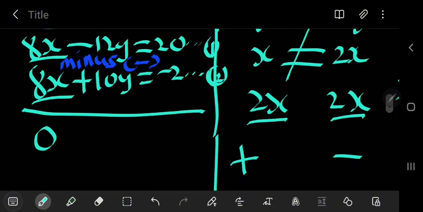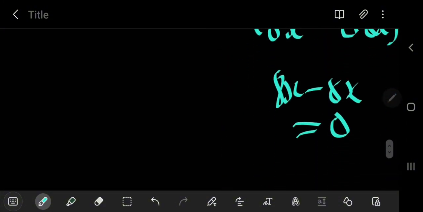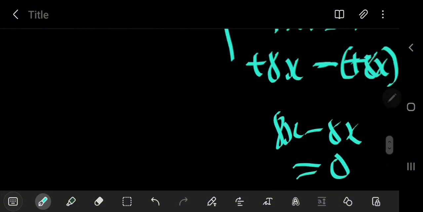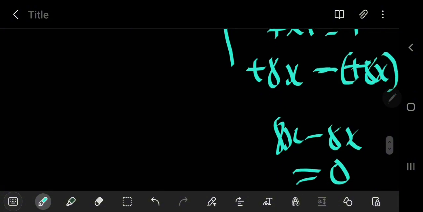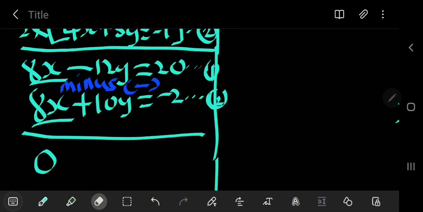This is simpler. The next one you have is minus 12y and what? 10y. Don't forget the sign in between them is what? Minus. So you come here. Minus 12y. Wait, hold on. Let me address that. So let's go on. I've been able to wipe my board.